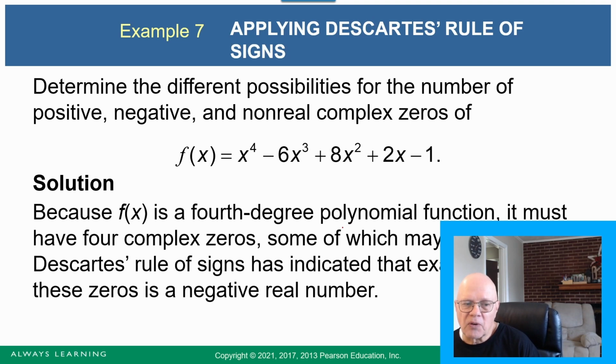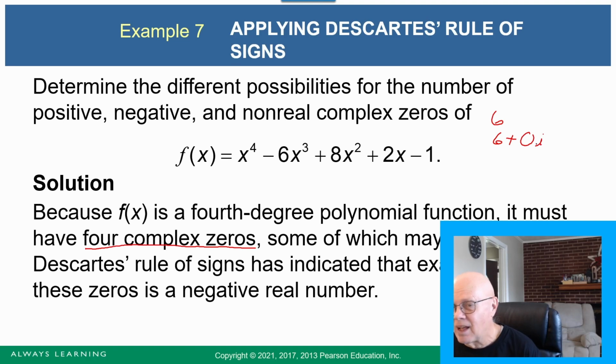Since it's a 4th degree, it has to have 4 complex zeros. Now that doesn't mean it has anything to do with imaginaries necessarily, but it's possible. Because remember, 6 is a complex number. You think it isn't? Well, this is the same as 6 plus 0i.